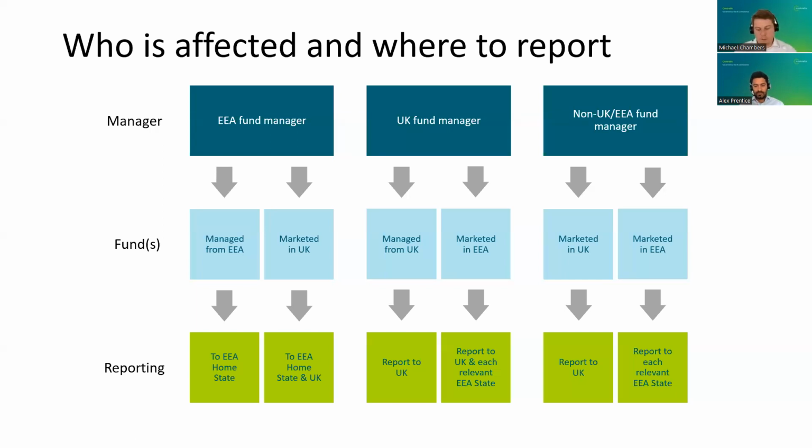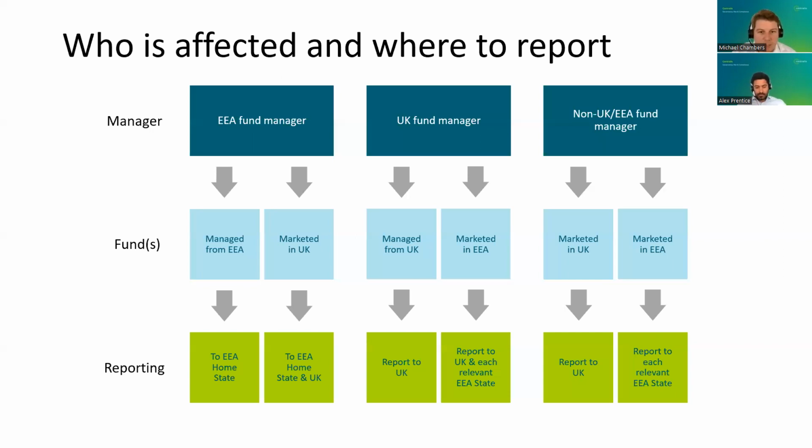So the final category would be any type of firm that is outside the UK or EEA. Until Brexit, that would have been just a third country AIFM, but now we have these three different flavors. And essentially, you have a requirement to report in every jurisdiction in which you market.